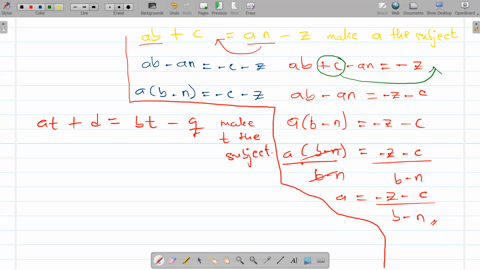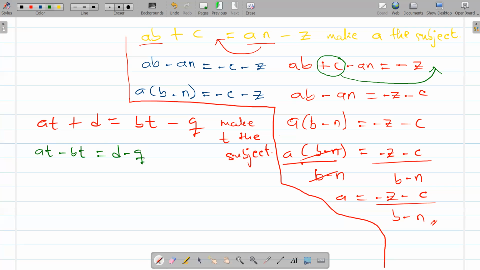Okay, let's see. So what's the process? So now the process, it's AT minus BT equals D minus Q. Okay, let's see.